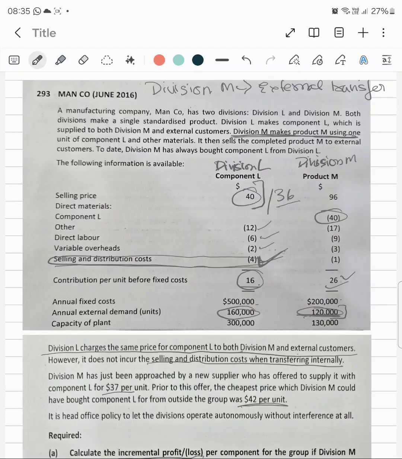So division M is still saving $1. Yes, the difference between 37 and 36 would be $1, and so if division M purchases from division L at the price of 36, it would be saving $1. So the new transfer pricing rate can be $36.